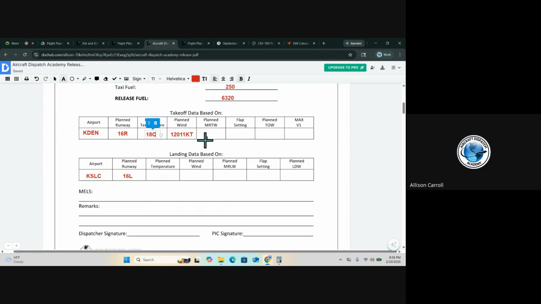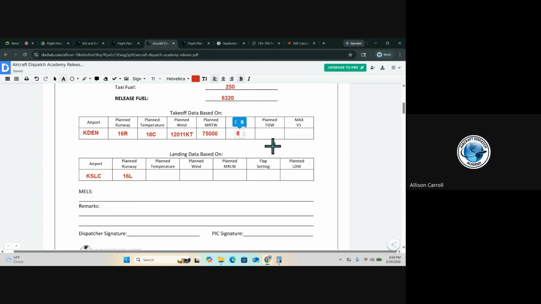Okay, plan max runway takeoff weight. What is your max takeoff weight for the CRJ 700? Your max takeoff weight. 75,000. Thank you. All right, and flap setting for takeoff. It's always going to be 8.